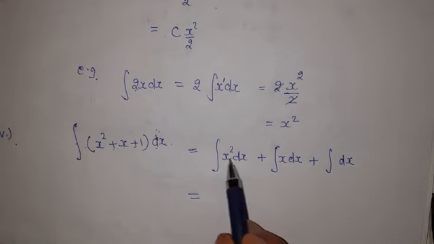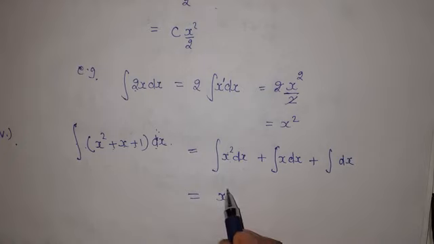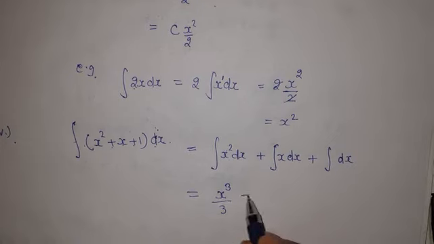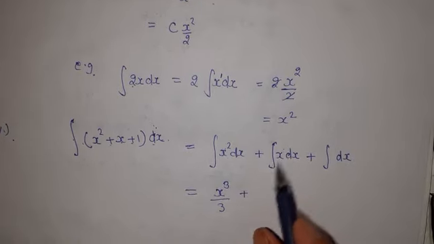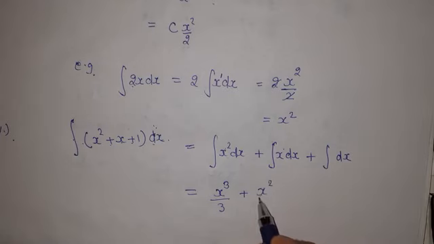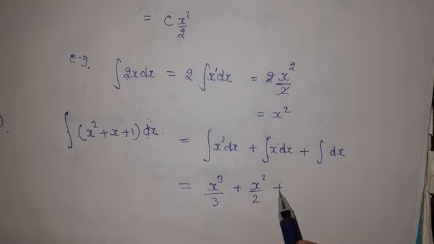Now with the power method, what will you get as its answer? It will come x to the power, add 1 to its power, so it is 3, and now the total power is in the divide as well. Plus how much is its power? 1. So with the integration you have to add 1 to its power, and the total will be divided over there, plus over there.